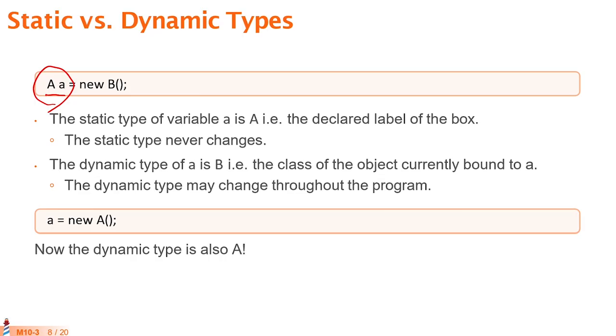The dynamic type, on the other side, is the type of the object that is pointed to by this variable A. At a given point in time, this variable A can point to an object, an instance of class B. In this case, for this to compile, B should be a subclass of A. So, just at this point of the program, until we change the value of A, A has a dynamic type B because it's the type of the object that we are pointing to.